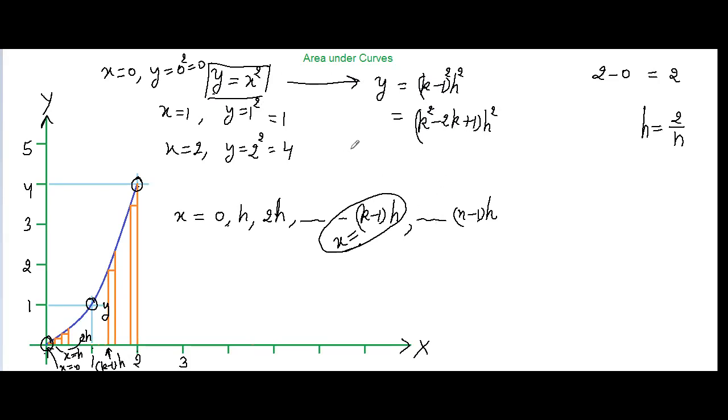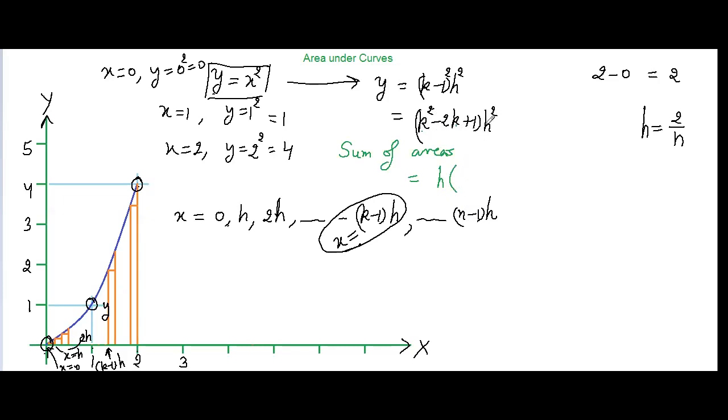Now the sum of the areas, we come to the main part of the calculation. Sum of areas: first rectangle's area, width h, but height is, if you put k equal to 1 here, 1 square is 1, minus 2 into 1, so 1 minus 2 plus 1, this is 0.